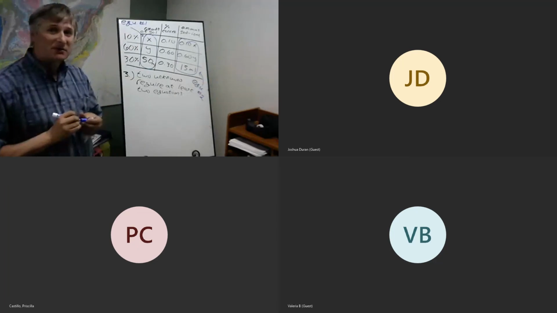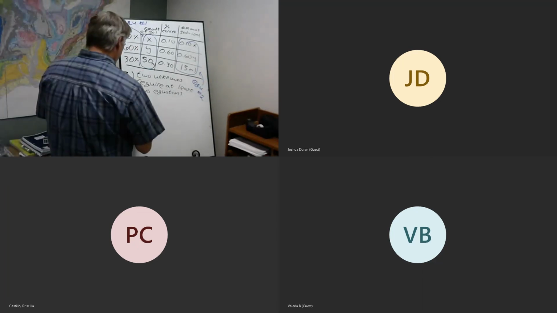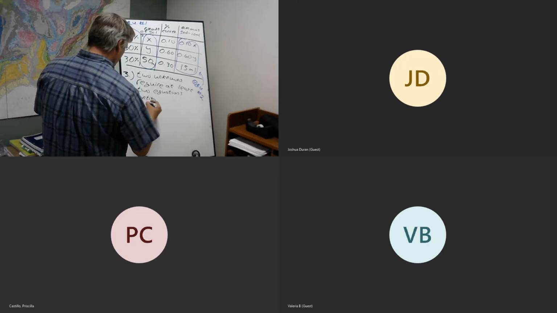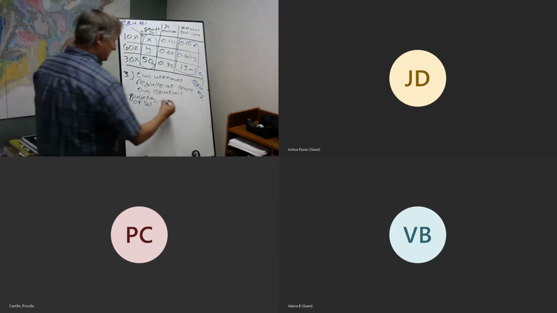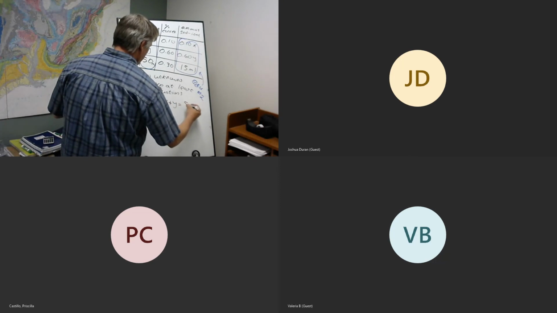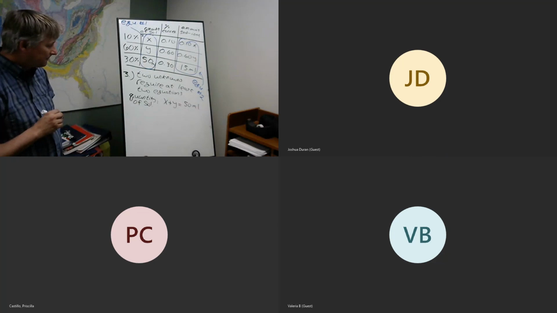So that's going to give us our second equation. So we have one for quantity of solution, and that's going to be X plus Y is 50 milliliters.